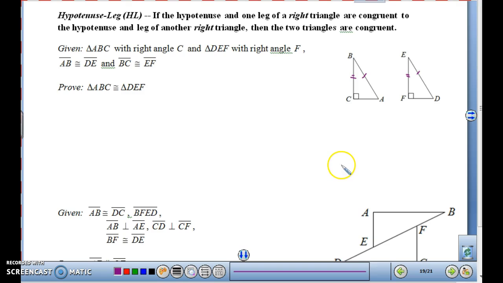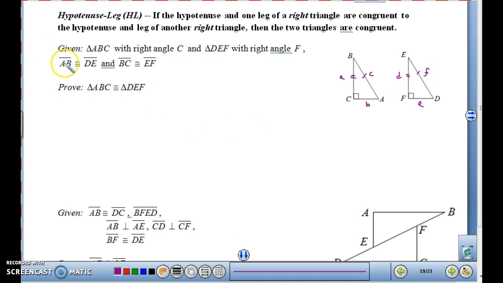So let's prove why hypotenuse leg works. Well, let's think about what we know about these triangles. All right, now for clarity's sake, I'm going to rename each of these sides. The side across from angle A is going to be little a, the side across from angle B is going to be little b, and the side across from angle C is going to be little c, and same thing over here. D across is going to be little d, E is going to be little e, and F is going to be little f.